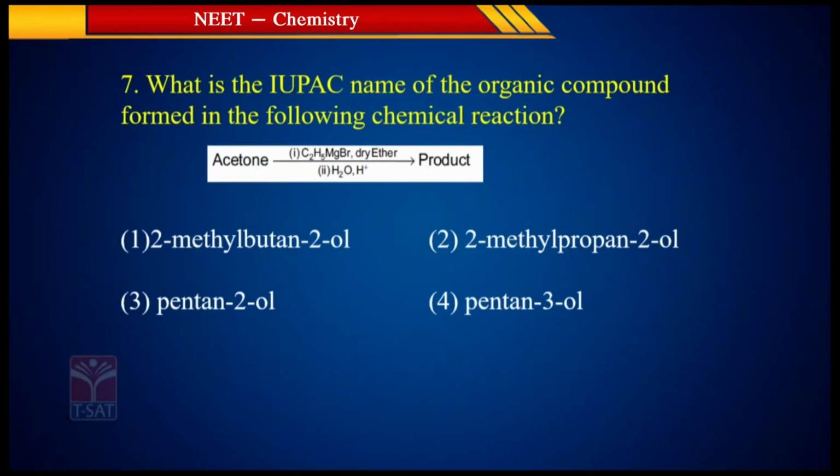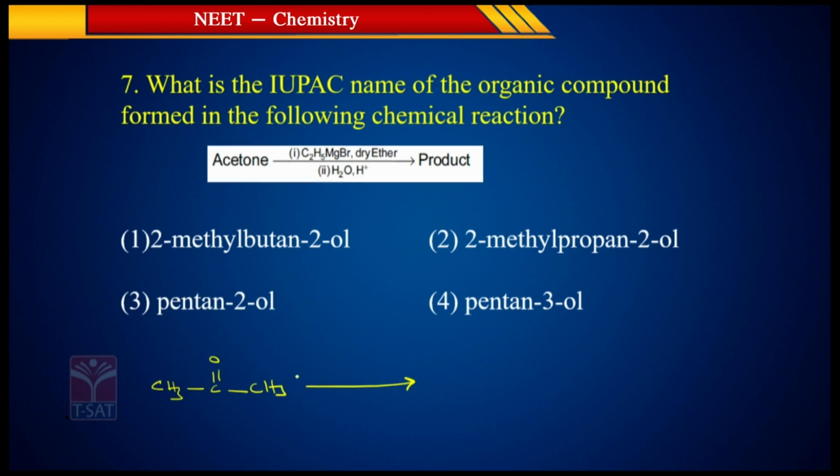And next coming to the question: what is the IUPAC name of the organic compound formed in the following chemical reaction? So, what will be the chemical reaction? Acetone. How can you write acetone? CH3, C double bond O, CH3. And what is there over there? See carefully, C2H5MgBr, dry ether.